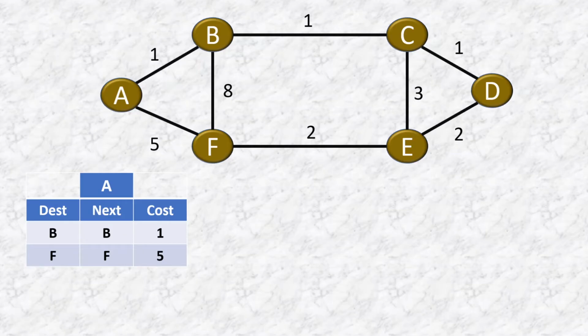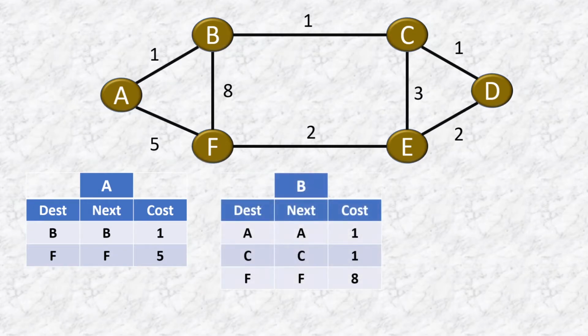Everybody has a local view of what's going on. So initially, node A will simply know that it has two neighbors, B and F. And if it wants to send something to B, it can just give it to B, and the cost will be 1. And if it wants to give something to node F, then A can simply give it to node F, and the cost will be 5.